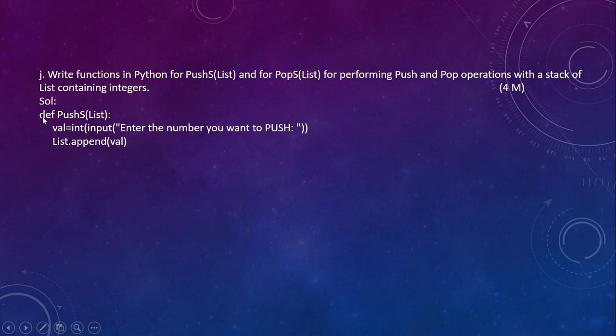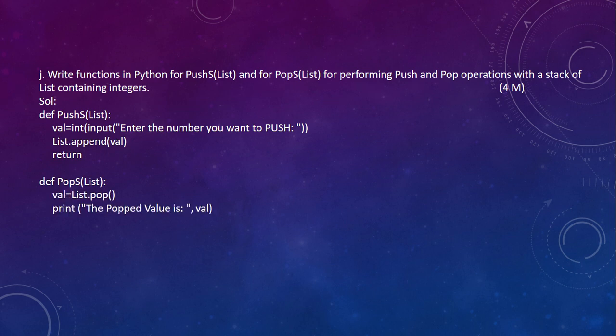Since it is a function, the list in the global scope will be taken as an empty list. Then return. Although the return statement is not necessary, but still. Similarly, pop: val equal to list.pop(), print the popped value is val. So this is a very simple program for push and pop.